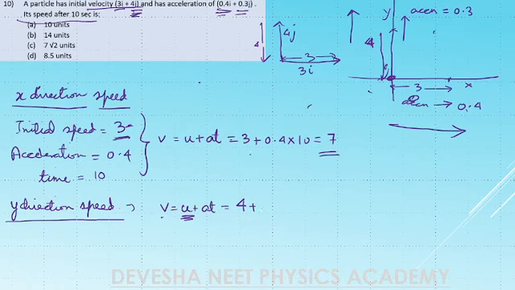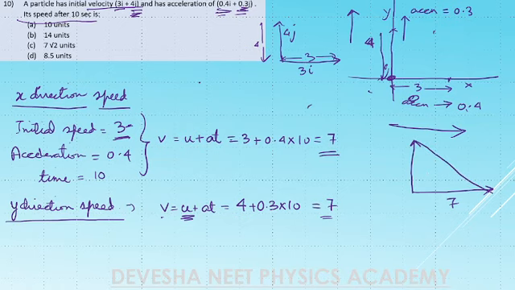And the acceleration in the y direction is 0.3. So 0.3 into 10 seconds. This is also 7. So now what does it mean here? It means in the x direction I have 7 and in the y direction also I have 7.